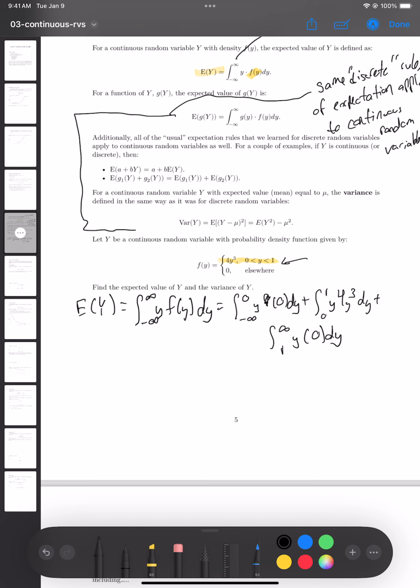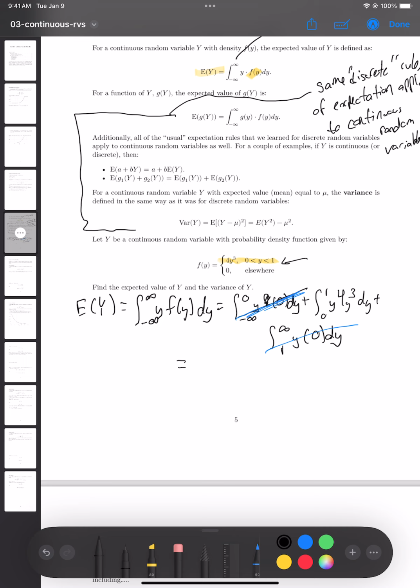What you'll notice is that the simplification that I alluded to earlier really is that these two parts drop out. We really only have to worry about integrating f of y over its support that is positive. So again, we don't have to worry about the 0 elsewhere when we go to integrate, and that often simplifies the problem a little bit.